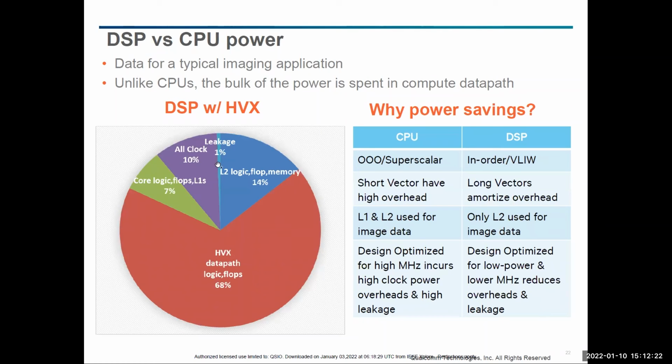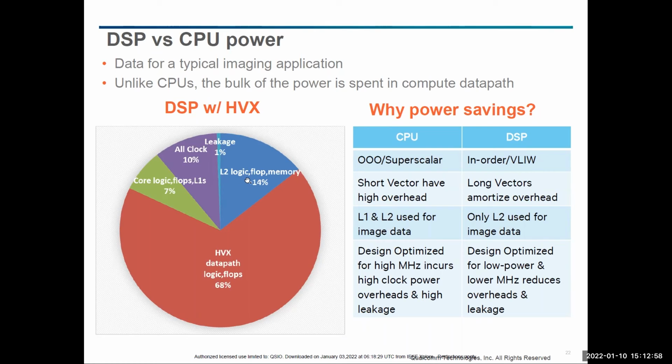Yeah, so I think I'm reaching towards the end part of my presentation. This is one more interesting slide that I had to discuss, about the DSP versus CPU power. This graph talks about how the power is spent whenever a typical imaging application runs. If you see, 7% goes to the clock to power up the oscillator, 10% of the energy is spent on that, and 1% goes into some leakages.